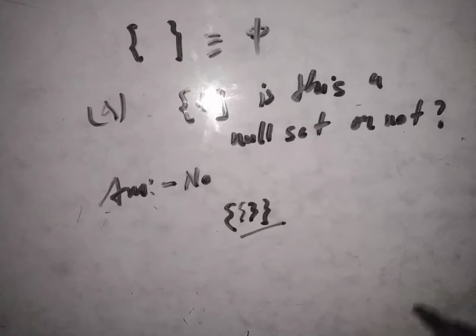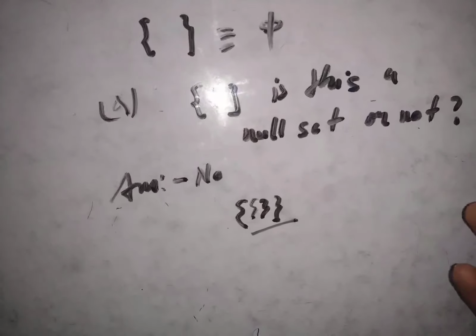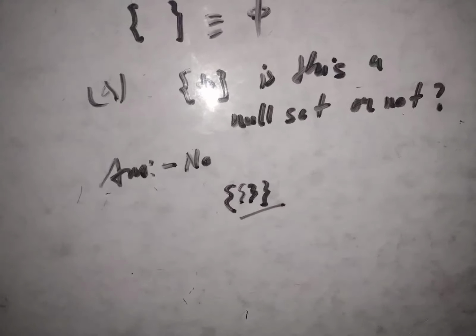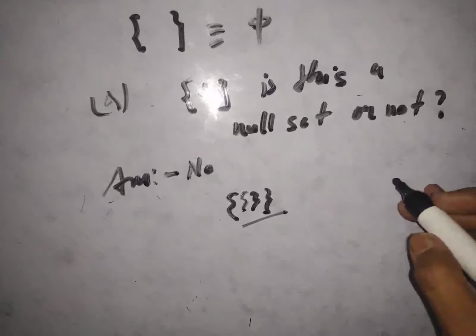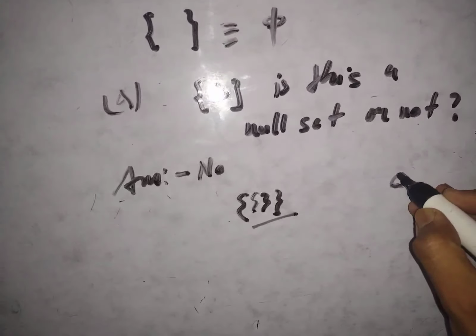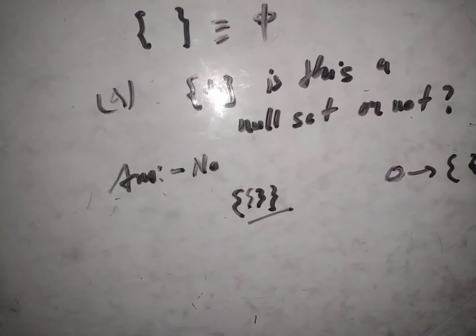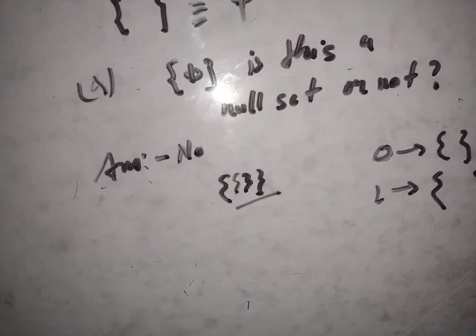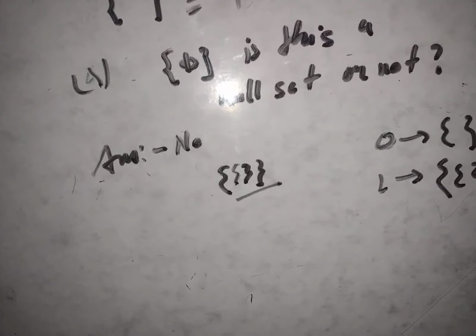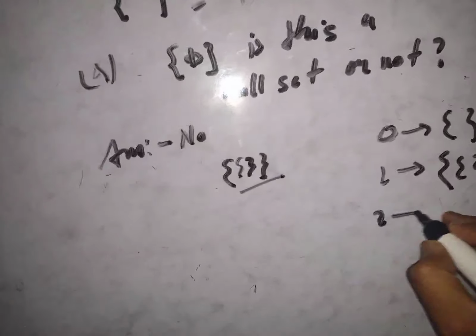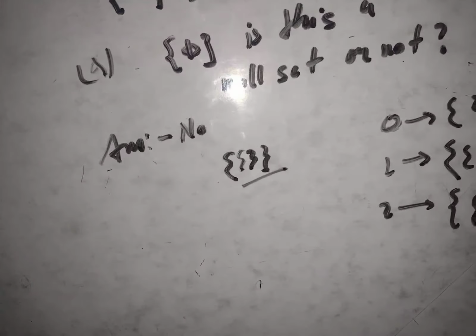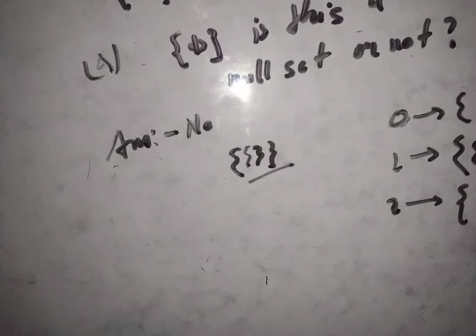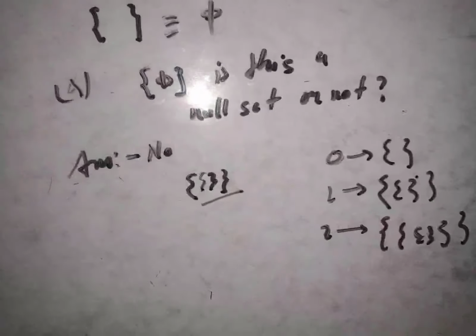A number 0 is an empty set, number 1 is an empty set containing an empty set, and number 2 is another empty set containing an empty set which contains another empty set. That's how numbers were defined.